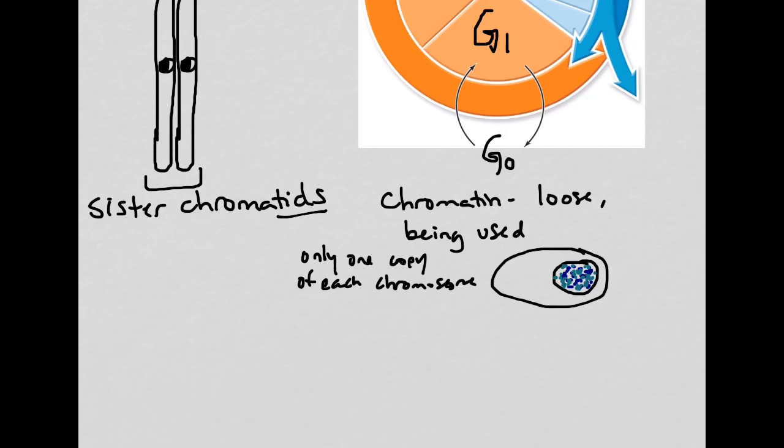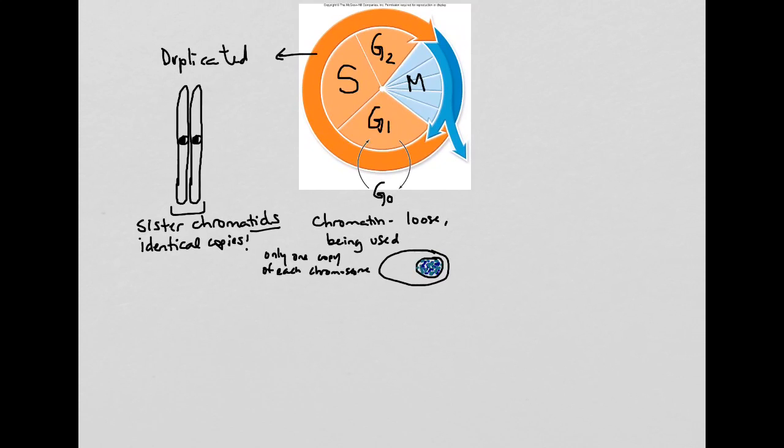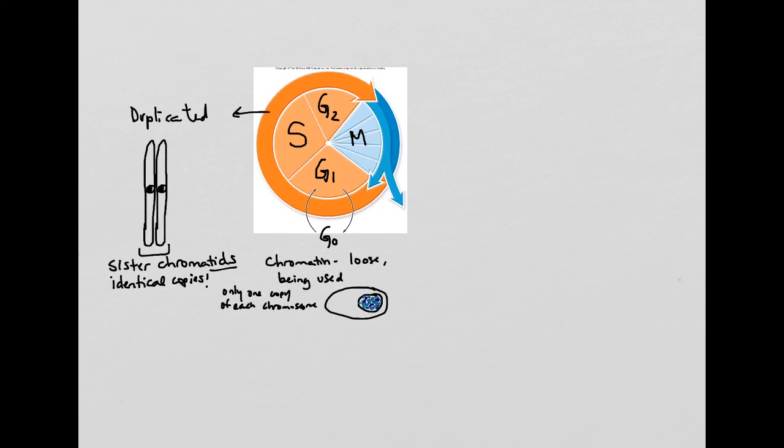Okay? They are identical in every way. Identical copies. All right, and they are joined at their centromeres there. Very good. So at this point, we'd say we have sister chromatids.